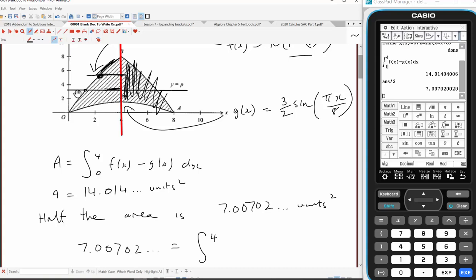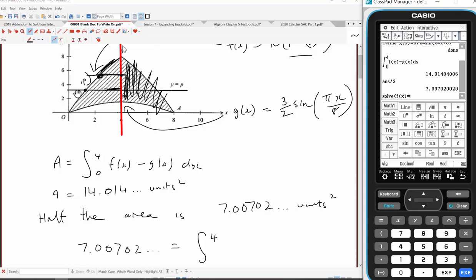Now what's the value going to be? Well, the y value here is p. What's the x value going to be? We're going to get the x value by working out the intersection between this line, y equals p, and this line here, which is f of x. So what I'm going to do is solve f of x equals.